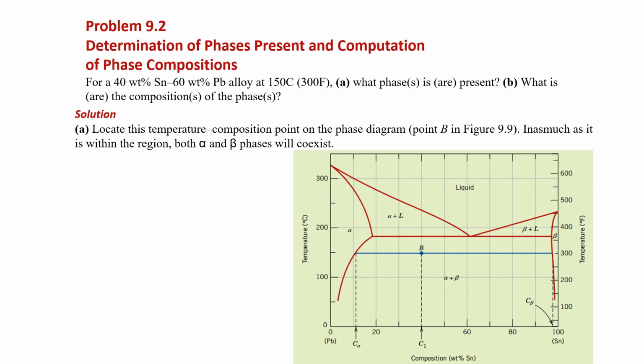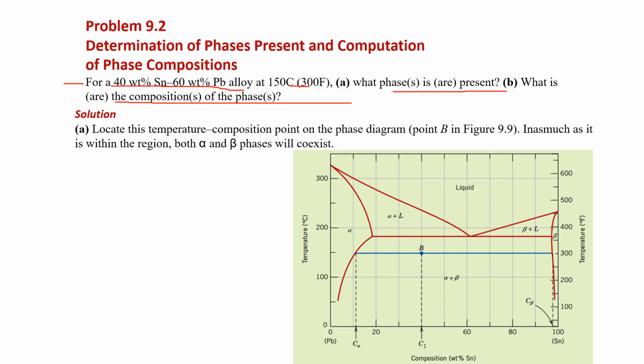Problem 9.2: determination of phases present and computation of phase compositions. This is a solved example in the book of engineering materials written by Callister. The problem statement is: for a 40% weight tin and 60% lead alloy at 150 degrees centigrade, what phases are present, and what is the composition of the phases?